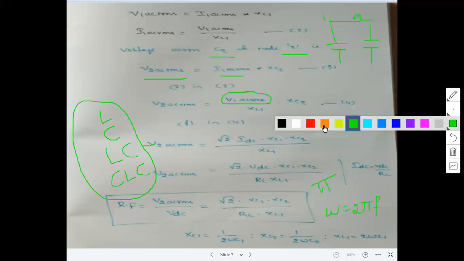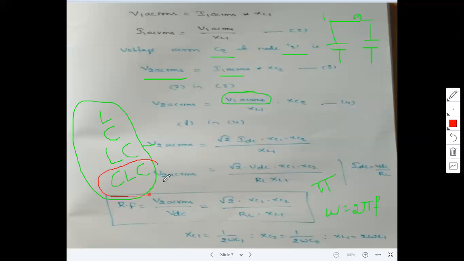Among all these 4 filters, the CLC filter offers a very low ripple factor. So the output of this type of filter is almost constant, almost DC output voltage. Okay, this is about filters.